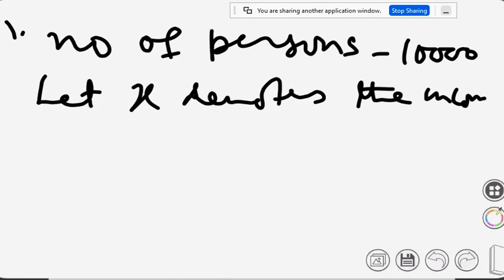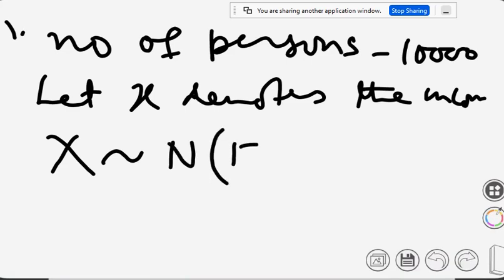So how should we write? We'll write X or capital X, it doesn't matter actually. X follows normal distribution. What is the mean? 1750, right? It is given that X is the income of the 10,000 families or 10,000 people.